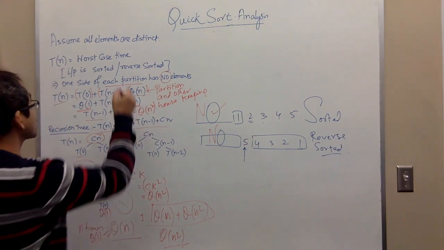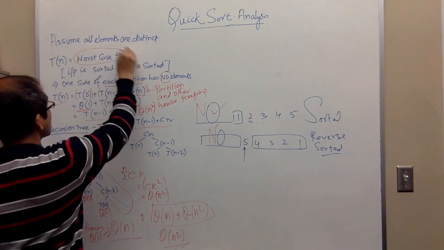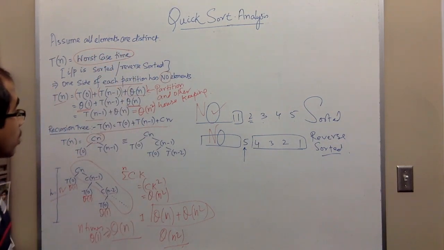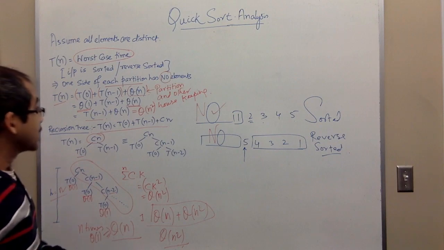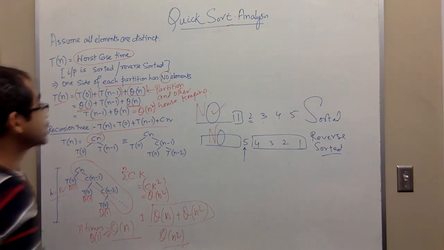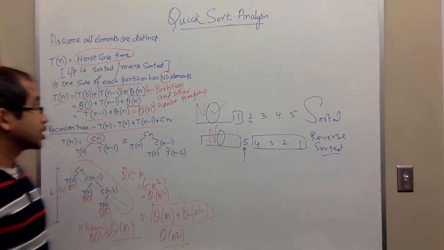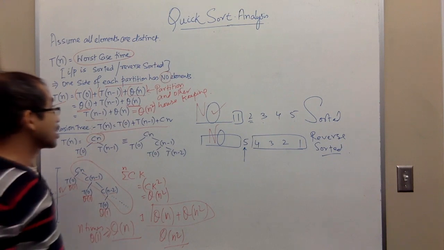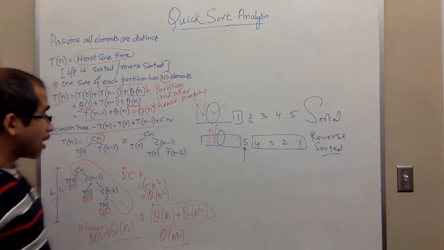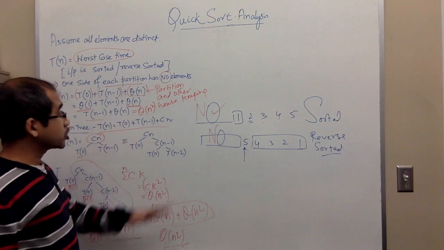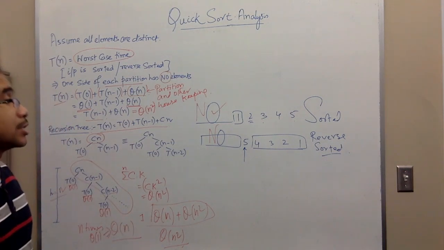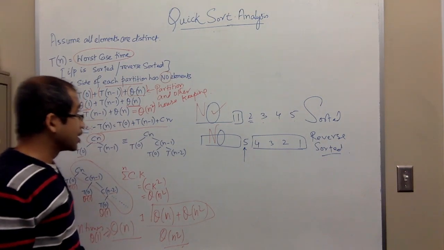So this is the worst case running time of quicksort, and we showed that the worst case running time of quicksort is theta n square, which is not very encouraging considering the fact that we said quicksort is a wonderful algorithm. Now we will show you that the average case runtime of quicksort is very, very well defined.